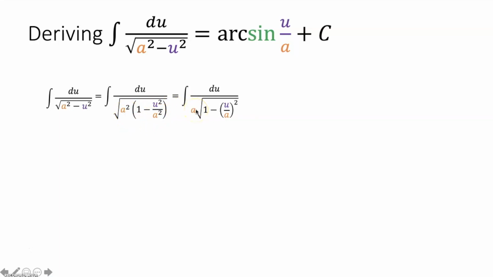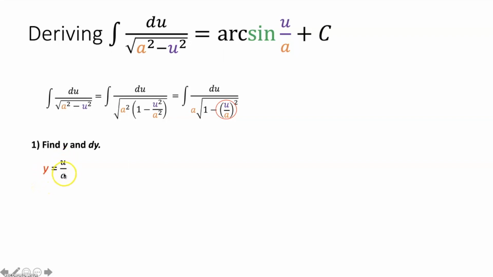Well, what I can do now is use u substitution in order to integrate this, except I already have a u in the problem, so I can't use u substitution. What I'm going to do instead is use another variable, so we'll call it y substitution. So I'm going to set y equal to u over a in here. The reason is because when I take the derivative of this with respect to u, the derivative of y with respect to u is going to be dy du.